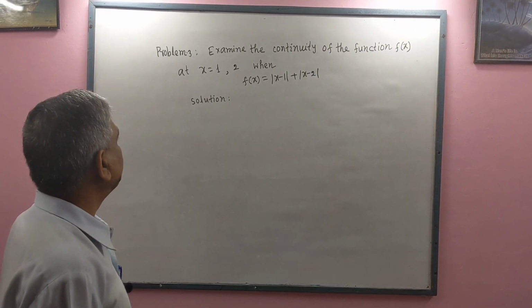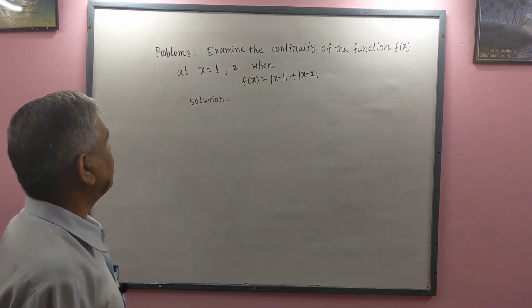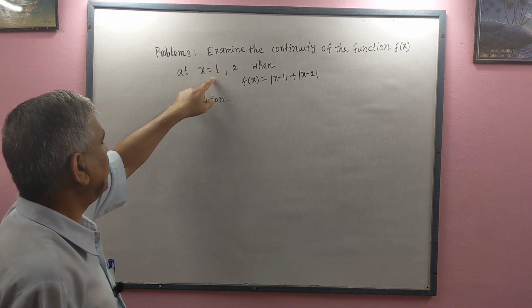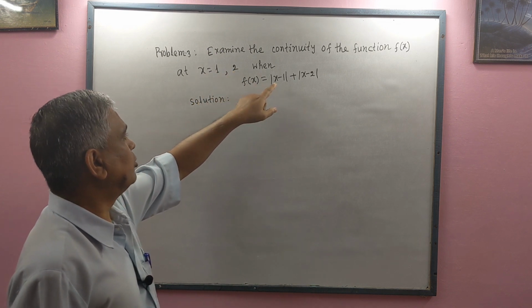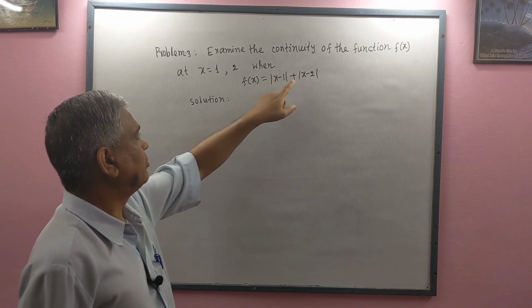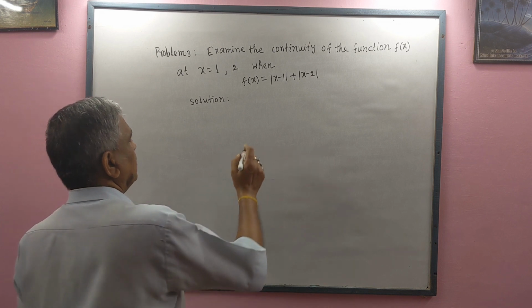Now we solve problem number 3. Examine the continuity of the function f(x) at x equal to 1 and x equal to 2, when f(x) equals modulus of x minus 1 plus modulus of x minus 2. Solution.